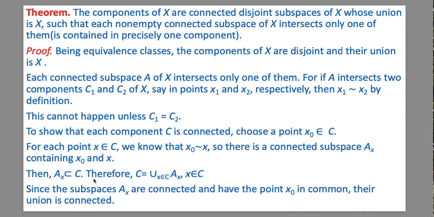It means Ax is a subset of C, or we can write C is equal to the union of Ax where x belongs to C. Since the subspaces Ax are connected and have the point x0 in common, their union is also connected. Hence, the theorem follows.